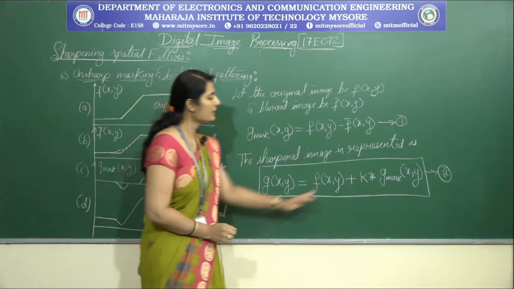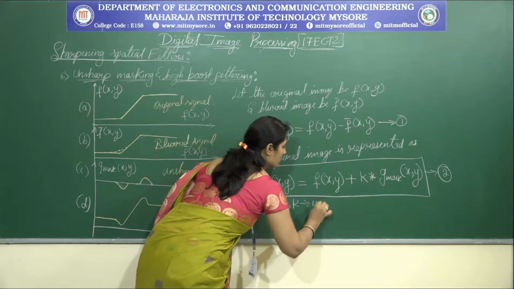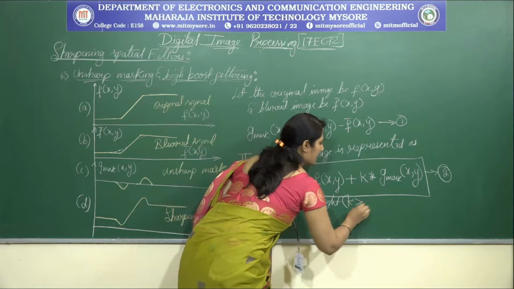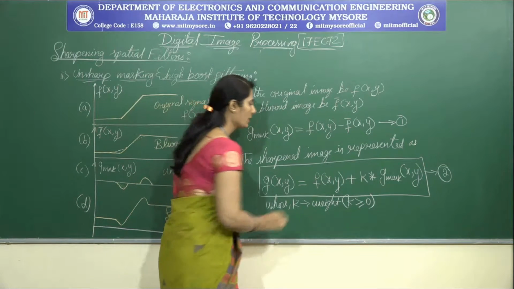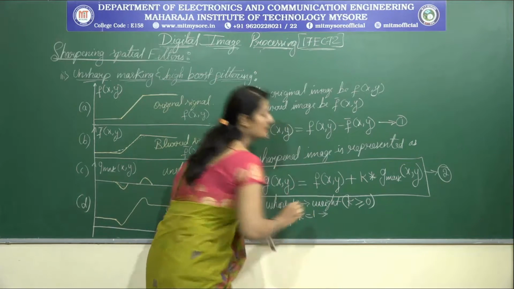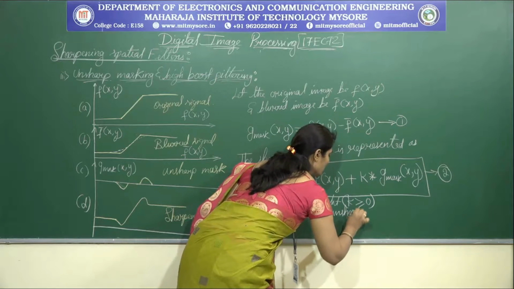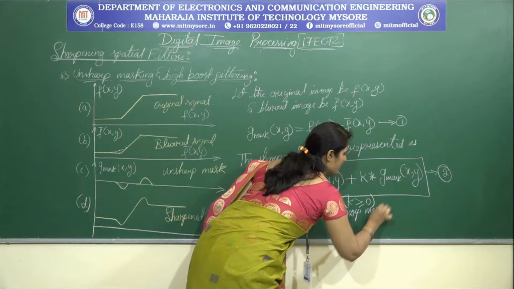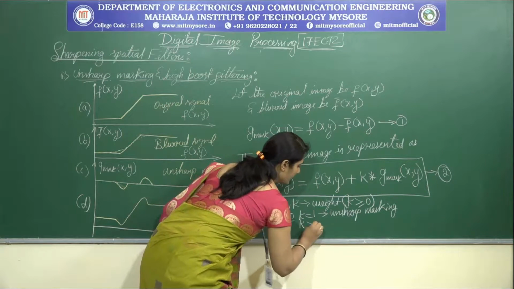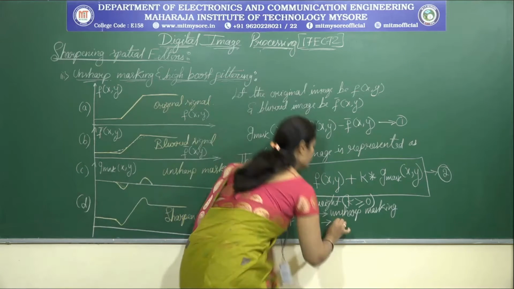Here k is the weight and it is always greater than or equal to 0. If k is equal to 1, then this represents the unsharp mask operation, unsharp masking. If k is greater than 1, then this represents high boost filtering.